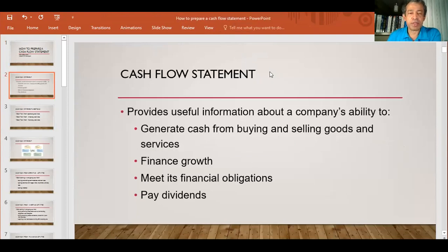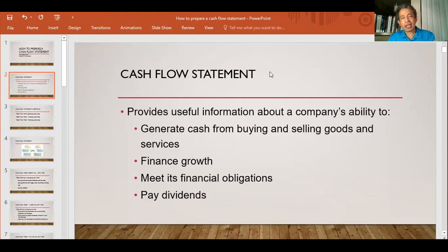You can see cash flow statement. We say it provides useful information about a company's ability to generate cash flows from buying and selling goods and services, like from day-to-day activities, your ability to finance growth, and your ability to meet your financial obligations and pay dividends.